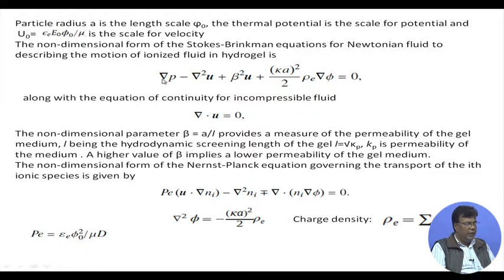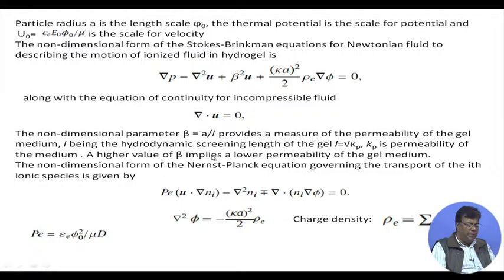So, we have an electrolyte-saturated porous medium. The flow of the electrolyte is governed by this equation along with the continuity equation, and this parameter beta measures the scale for the porosity or permeability, defined in this way. L is the hydrodynamic screening length of the gel, and L can also be written as root Kp, where Kp is the permeability.